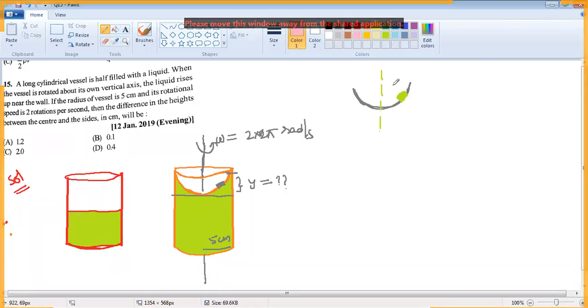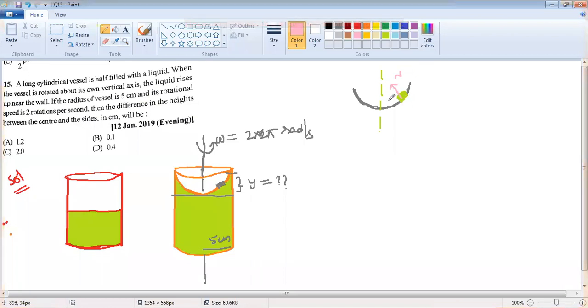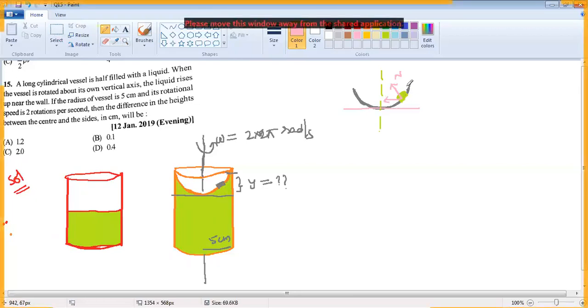This is the normal reaction, with its components, this is the surface here, one component of normal reaction and another component of normal reaction. This is the weight, dm into g.